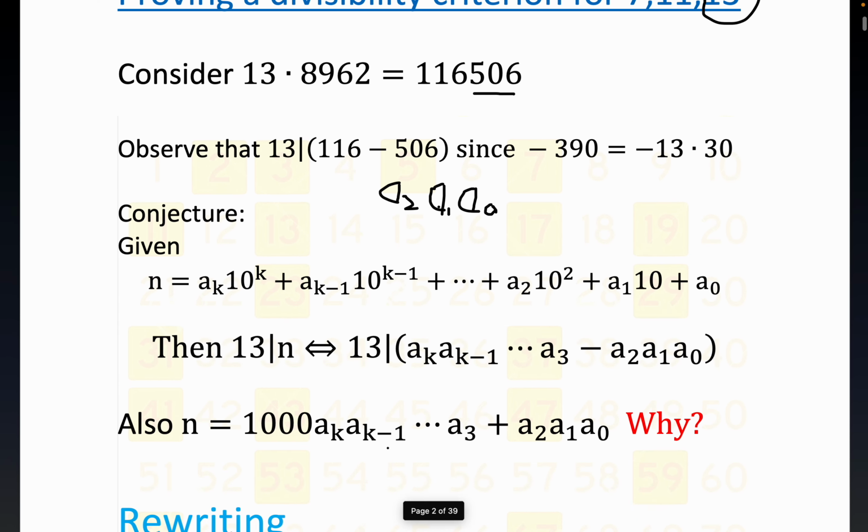And why? Well, you can rewrite it in this way, and this is the key aspect of the problem. See, you have to multiply the first group of digits by 1,000, and just to see that, I'm sure you probably do see it, but notice that the 116 right here, if you just separate it out in its decimal representation, that would be 116 times 10 to the third, right?